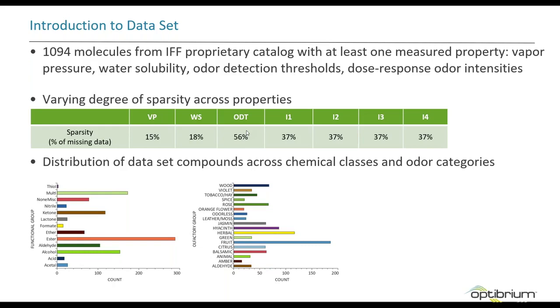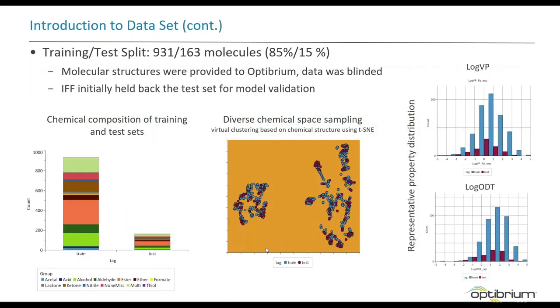This data set can be considered a representative data set for a typical fragrance catalog because it includes compounds from all major chemical classes, as shown on this plot, and also across all major odor categories, as shown on this plot. So the data set was split into training and test subsets, roughly in the proportion of 85 to 15%.